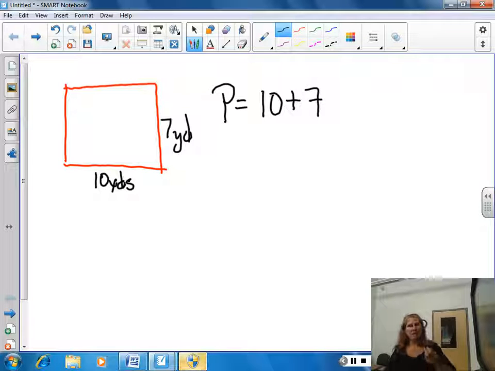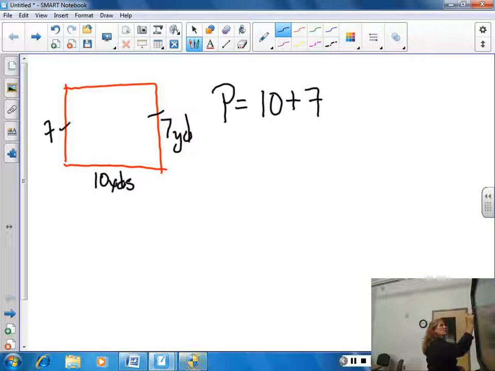Remember, it's add all sides. So I would have to say this over here is also 7. Remember those lines that told us those were the same across from each other? And this up here would be 10, because it's also the same as across from it. That's what that tells us, when they're across from each other, they're the same.